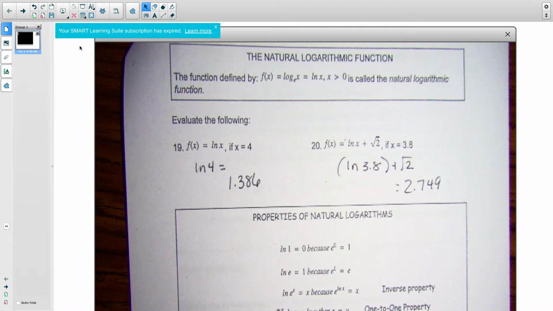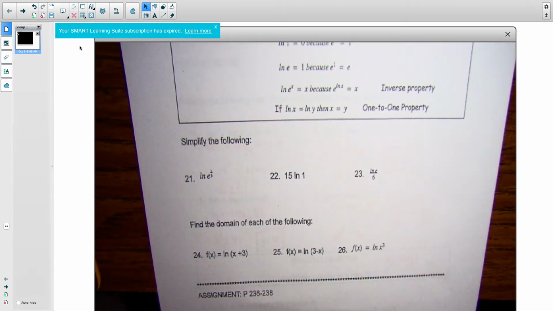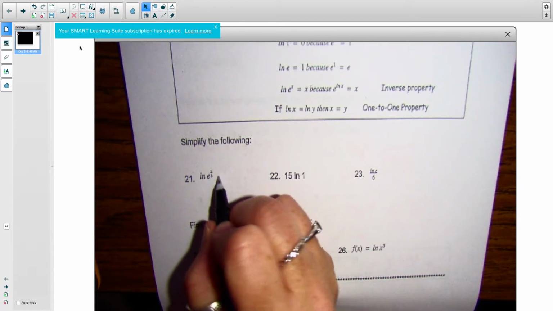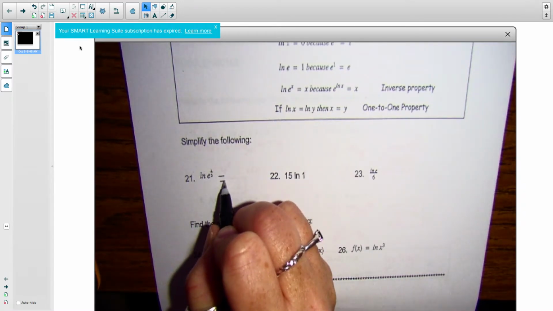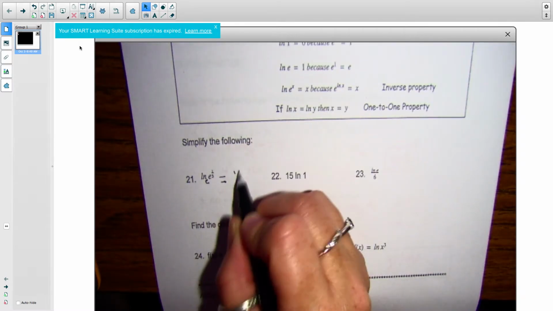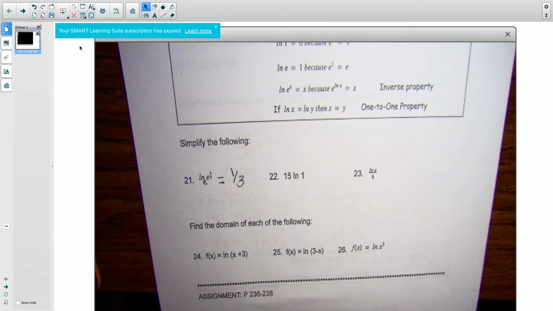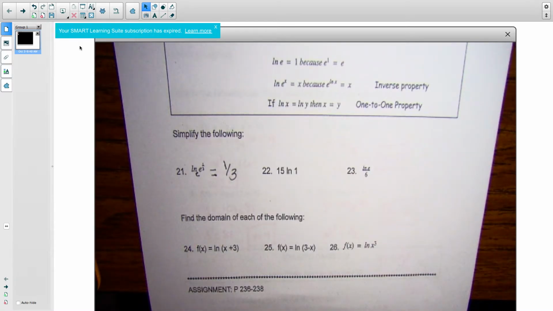Then simplify. Well, natural log, this is like a base e. So what does ln of e to the 1/3 equal? It's the base e, so it's just 1/3. Yes, it's just like log base e of e to the 1/3.